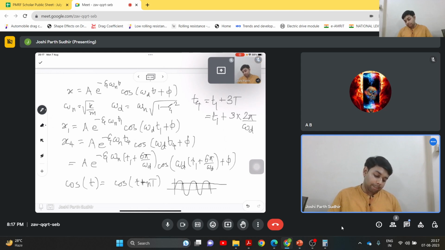Then we get that x4 is basically a e to the power minus zeta omega n t1, into e to the power minus zeta omega n into 6 pi upon omega d, into cos of omega d t1 plus phi plus 6 pi.